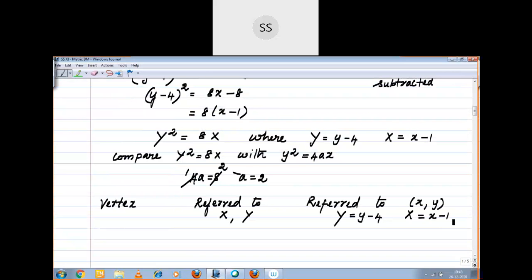Now, capital Y equal to y minus 4, capital X equal to x minus 1. First, vertex, that is the origin only. So, 0, comma 0. Right? Vertex, you will write it here. Right? Vertex 0, comma 0.